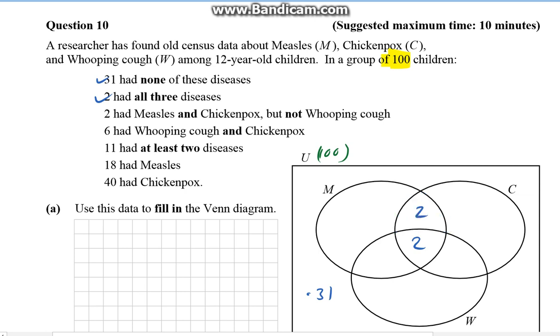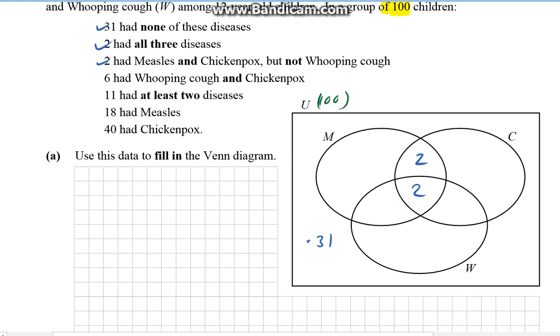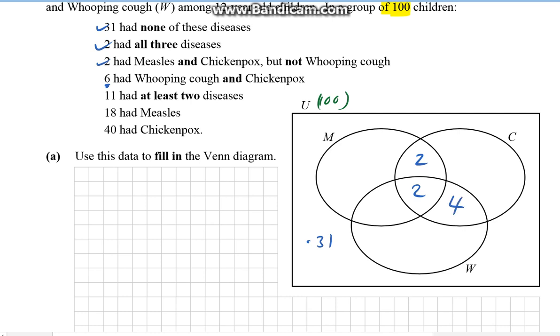So we pop the 2 in there. 6 had whooping cough and chickenpox. It didn't say but not measles, so we have to assume that some of them may have had measles. So that would be 6 minus 2, which is 4.